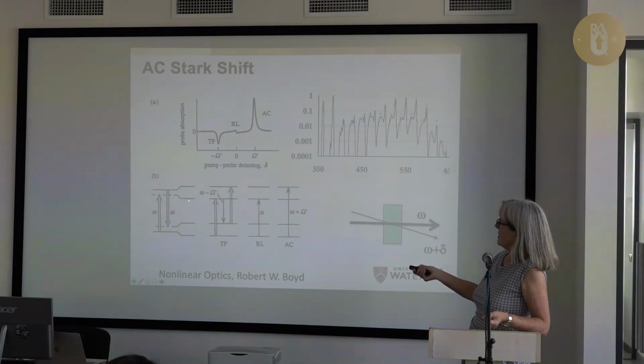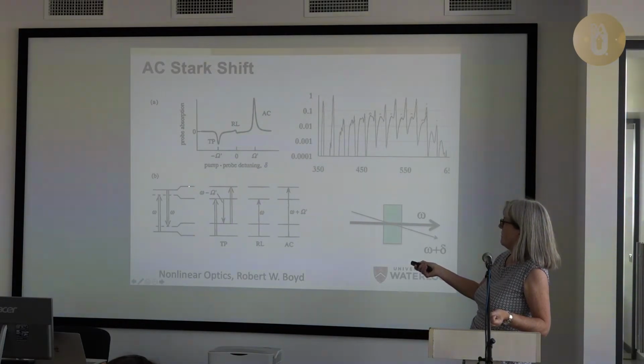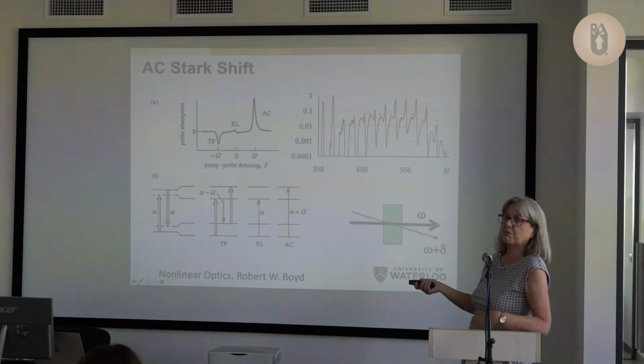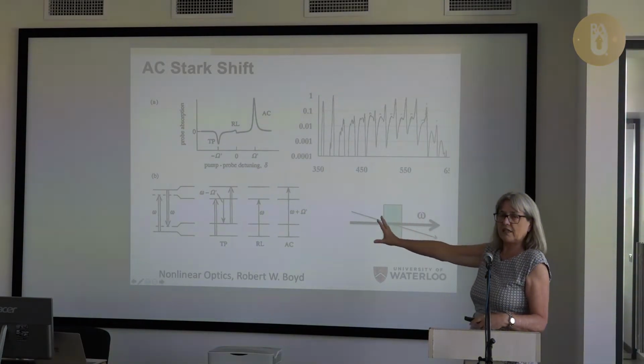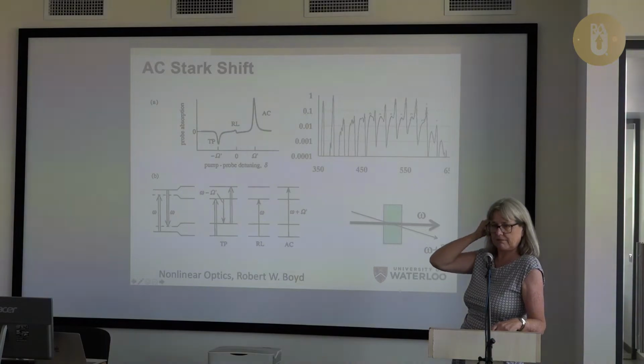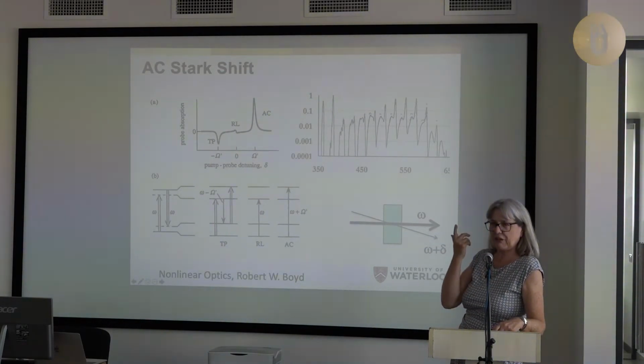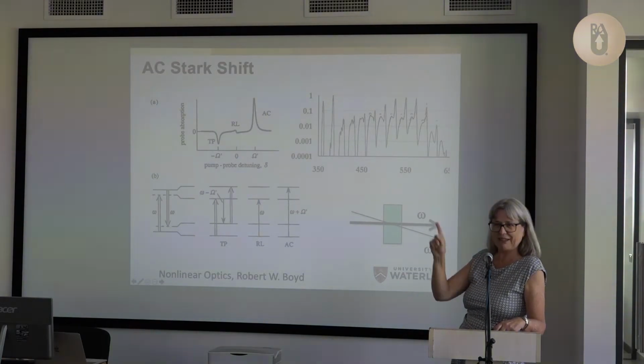But he saw fluorescence at omega minus this omega, from this level to this level, and he saw, sort of on the other side, from this level all the way down, omega plus omega. And so this is called the Mollow triplet, and they use this idea to say, this is what's happening. So I look at that and I go, well, that's what's happening, but we only have one side. I have to think about why we only have the red, we don't have the blue.